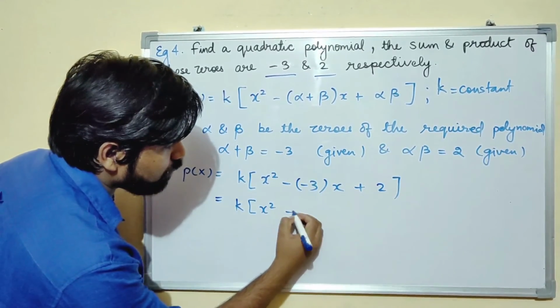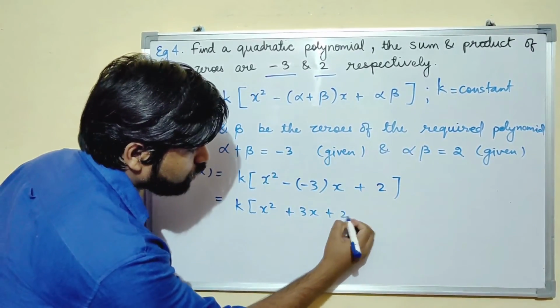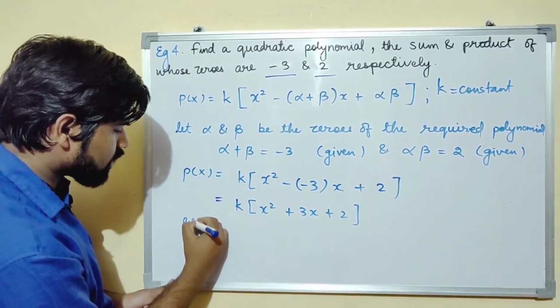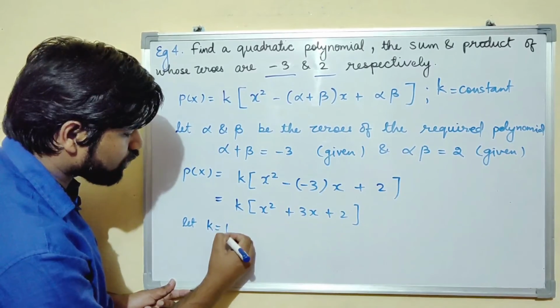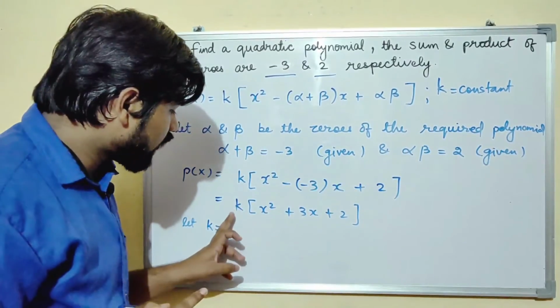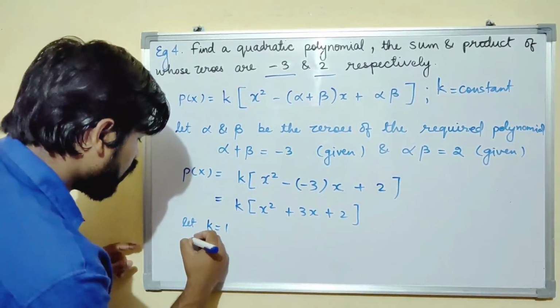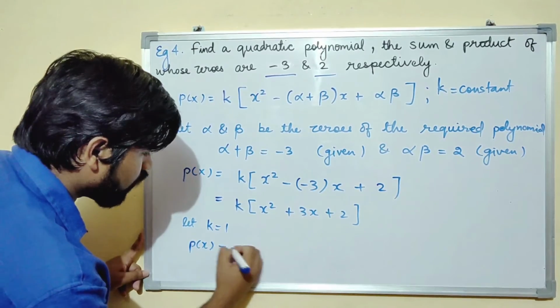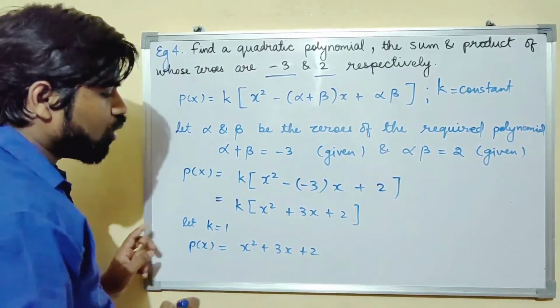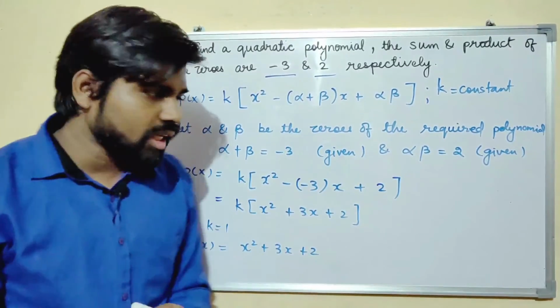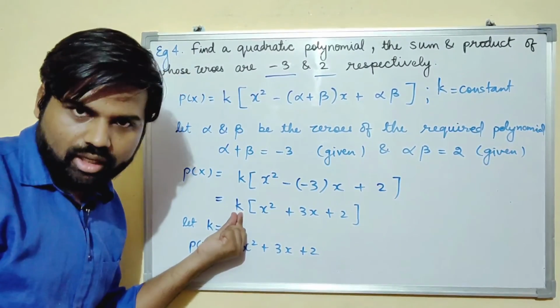So you will get x square plus 3x plus 2. Let k equal 1. So p(x) will be equal to x square plus 3x plus 2. Now in the exercise you will see how to assume the value of k here.